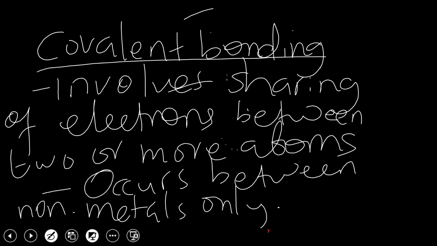So the type of bonding which occurs between metals only is called metallic bonding. I think we shall cover that next time. So, covalent bonding.